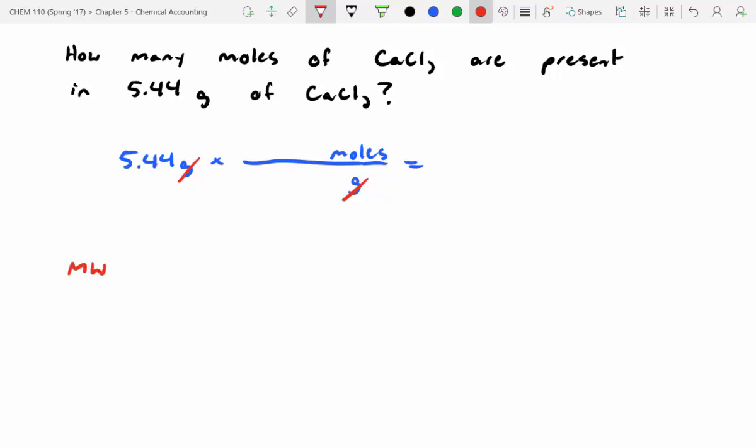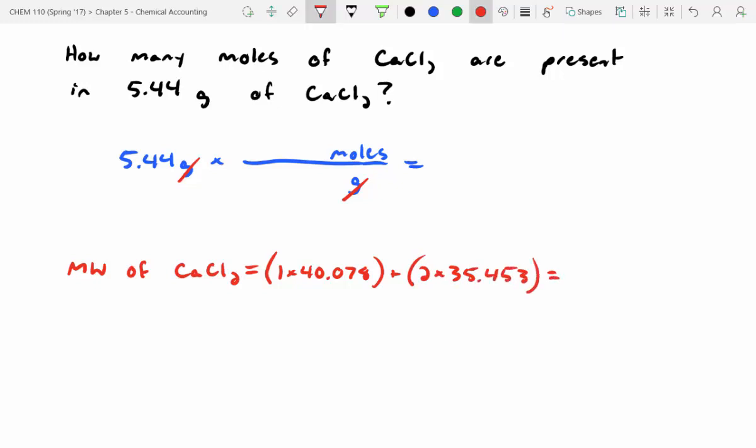So the molecular weight of calcium chloride: we've got 1 calcium, so I'll do 1 times 40.078. We've got 2 chlorines, so 2 times 35.453. This gives us a molar mass or molecular weight of 110.98 grams per mole.